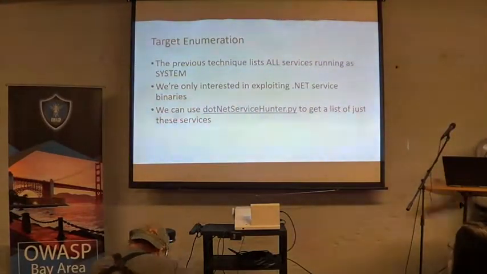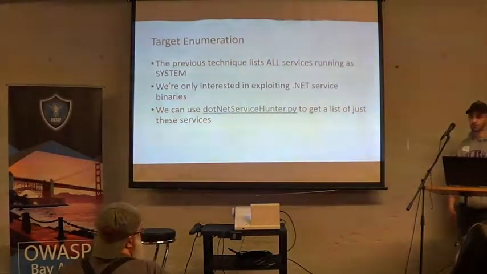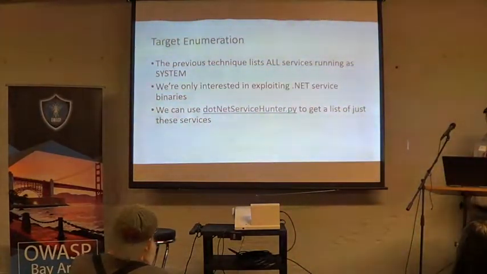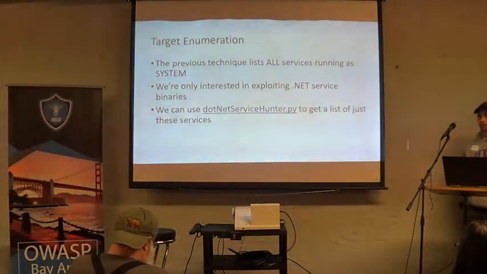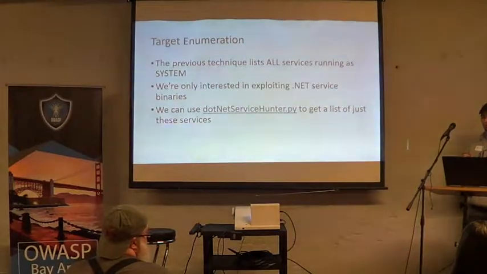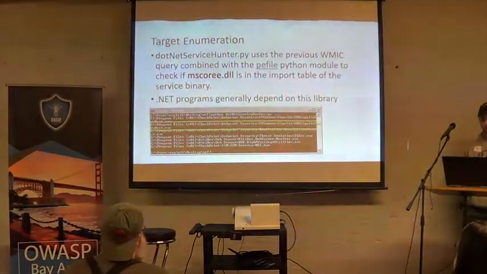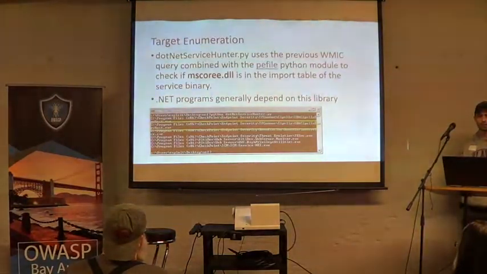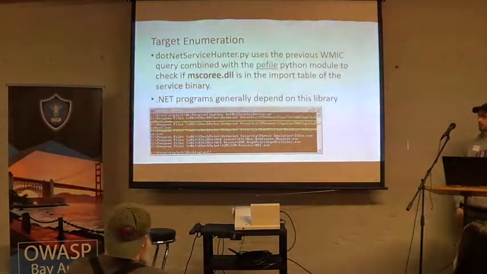So my buddy also wrote a pretty simple Python script that runs the same WMIC query, but then uses the pefile Python module to check the import table for mscoree.dll, which I think I said on the next slide. And if you see that in the import table, then it's a pretty good chance that you're dealing with a .NET binary.